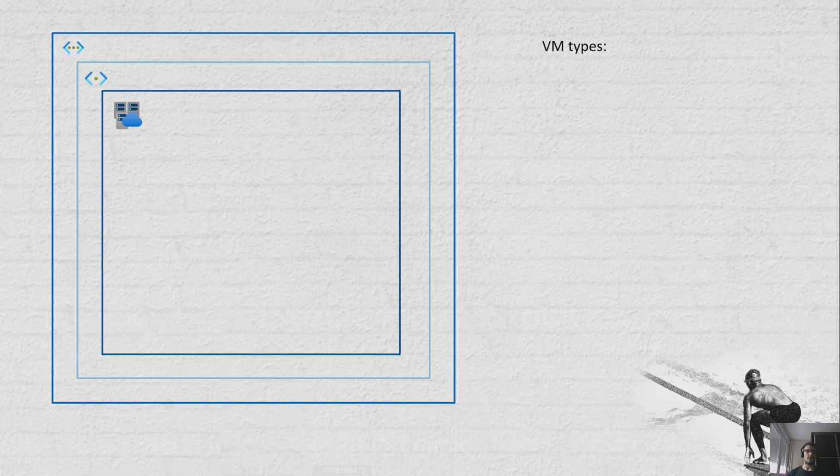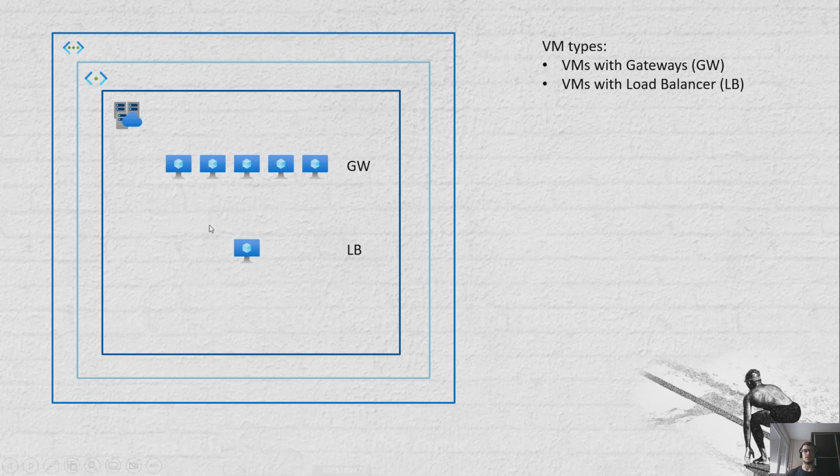Let's do now a deep dive. Virtual network and subnet are holders for the virtual cluster. The virtual cluster consists of multiple virtual machines that host different application types. We have virtual machines hosting gateways, virtual machines hosting load balancers, and virtual machines hosting SQL.